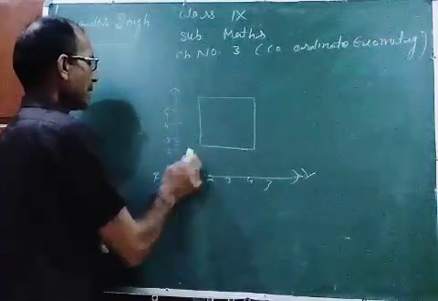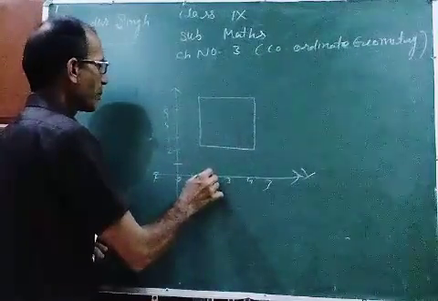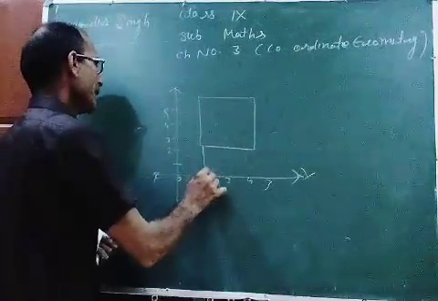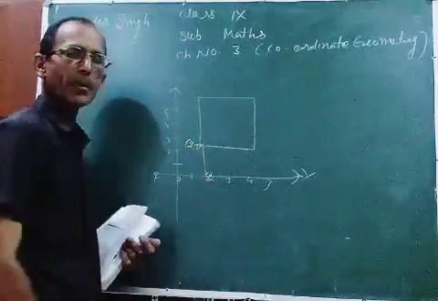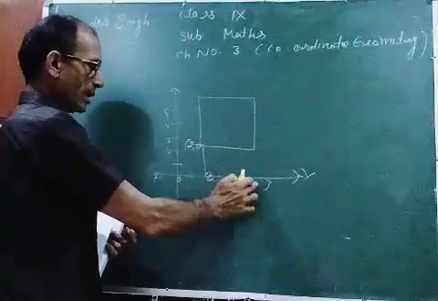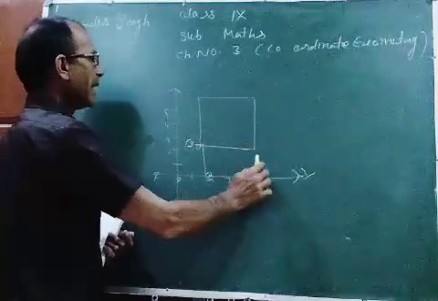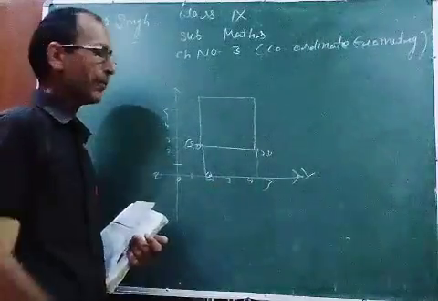So this is the distance from the x-axis. So from here, 1, 2, it means x is 2. Now y is 3. So this is the position of (2, 3). Similarly, this is the value of x as 4 and y will be 3, so this coordinate will be (4, 3).